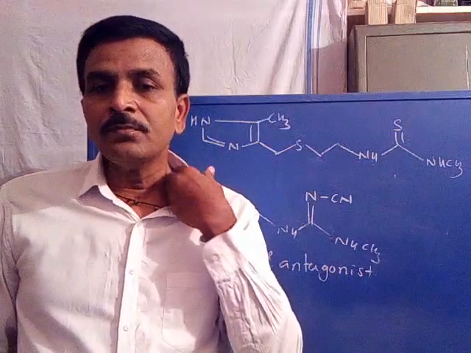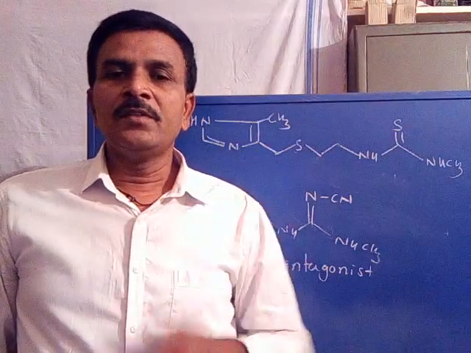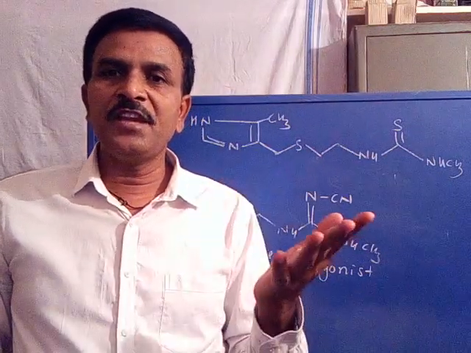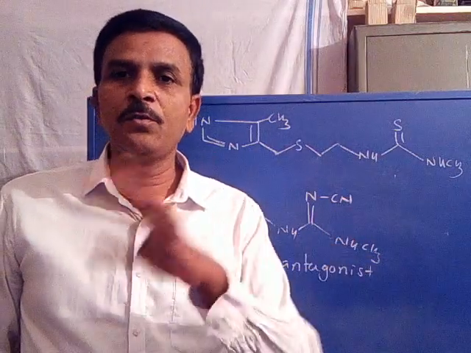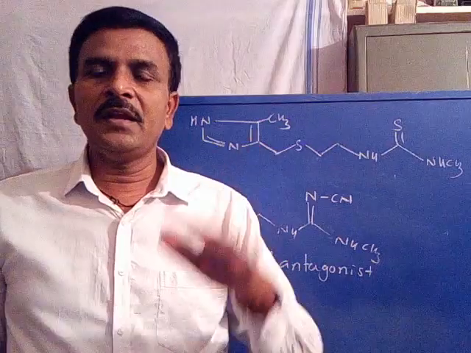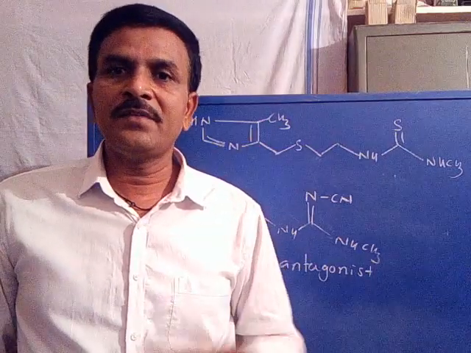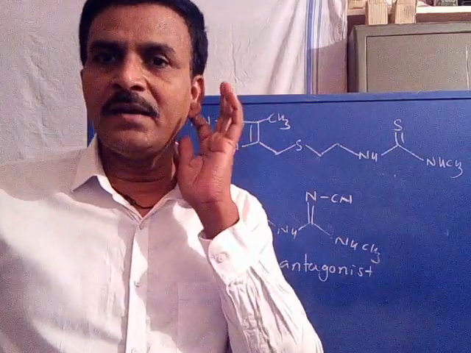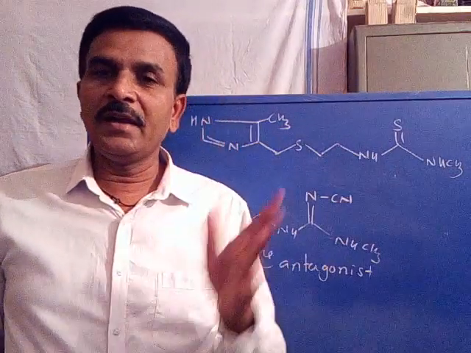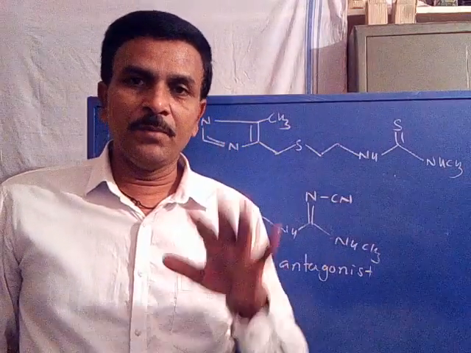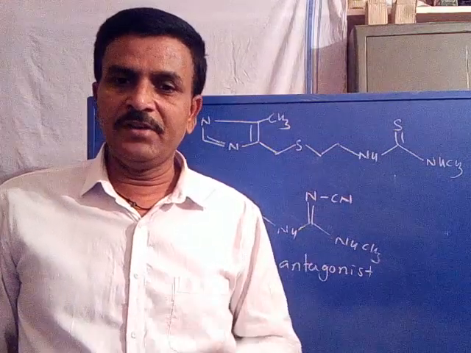Therefore the sulfur atom is exchanged from the side chain internal to the terminal to get the thiomethyl derivative, whose activity is again reduced, acting as a partial antagonist. Therefore it indicated the terminal 2 nitrogens are important for antagonistic activity.